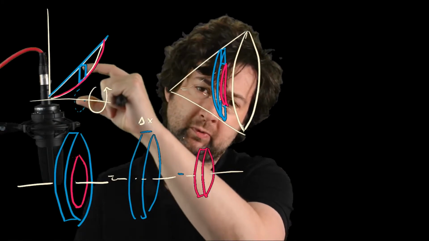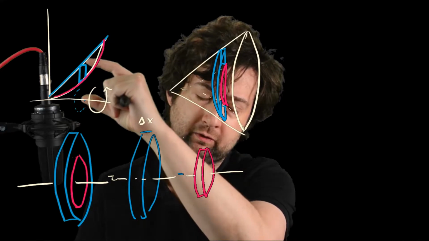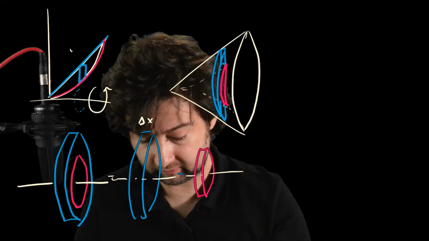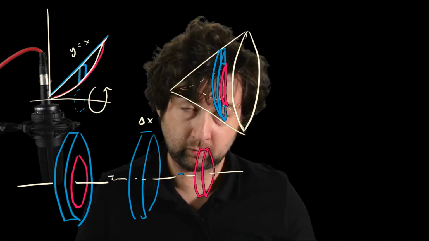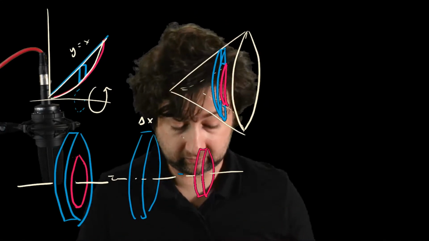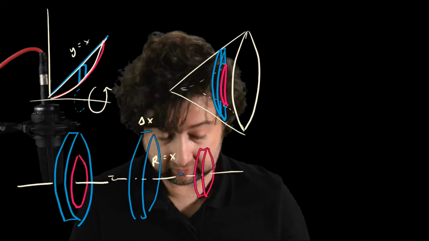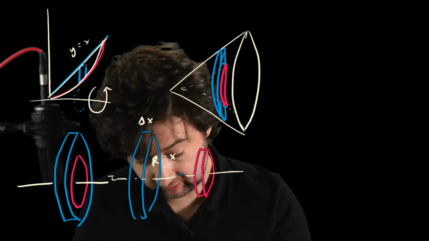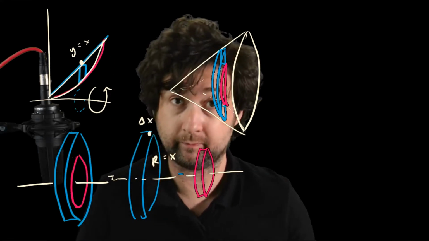Well, you can look up here in this picture and see the radius is the distance from the x-axis up to the curve y equals x. So the outside radius, or the radius of the big cylinder, is going to be R equals x. Because this point on that curve is the same as this point right here.